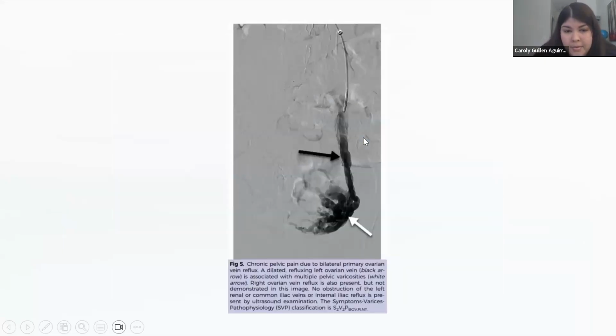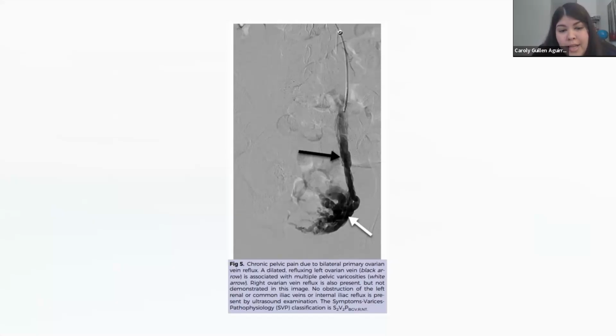We have here an example of a patient with chronic pelvic pain due to bilateral primary ovarian vein reflux. A dilated refluxing left ovarian vein, the black arrow, is associated with multiple pelvic varicosities, white arrow. Right ovarian vein reflux is also present, but it's not demonstrated in this image.